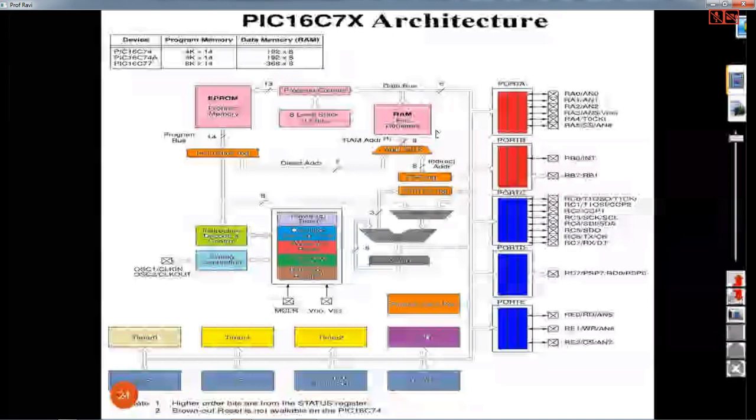So if they are 00, bank 0, 01 bank 1, 10 bank 2 and 11 bank 3, and each bank is of 128 bytes. Try to understand now the data memory of this PIC microcontroller.